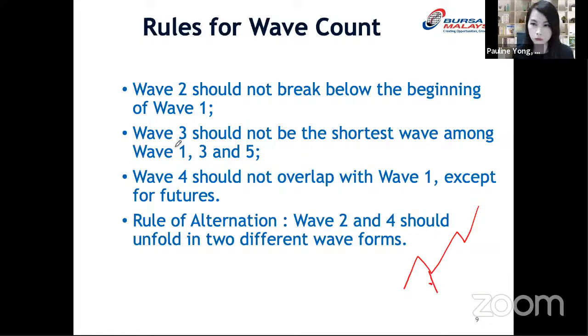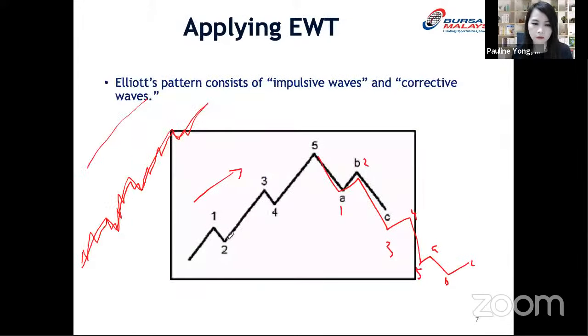Then principle number 2: wave 3 should not be the shortest wave among the 1, 3, 5. Remember, we have 3 up waves here, 1, 3, 5. So this is wave number 1, number 3, and then wave number 5.